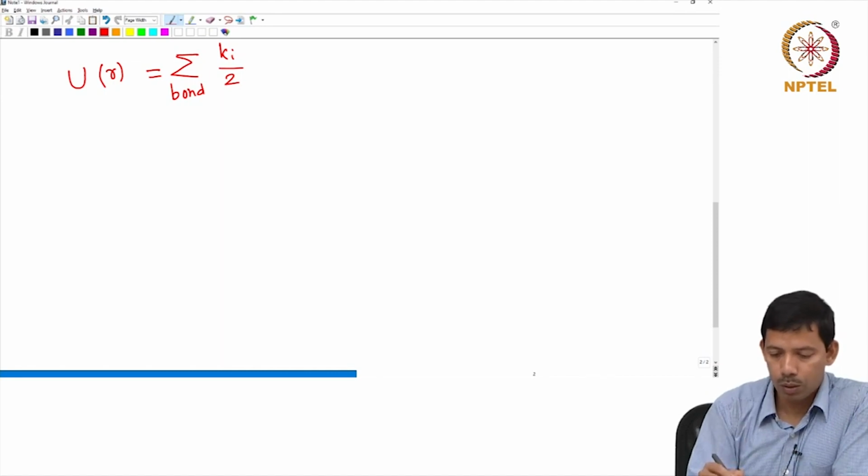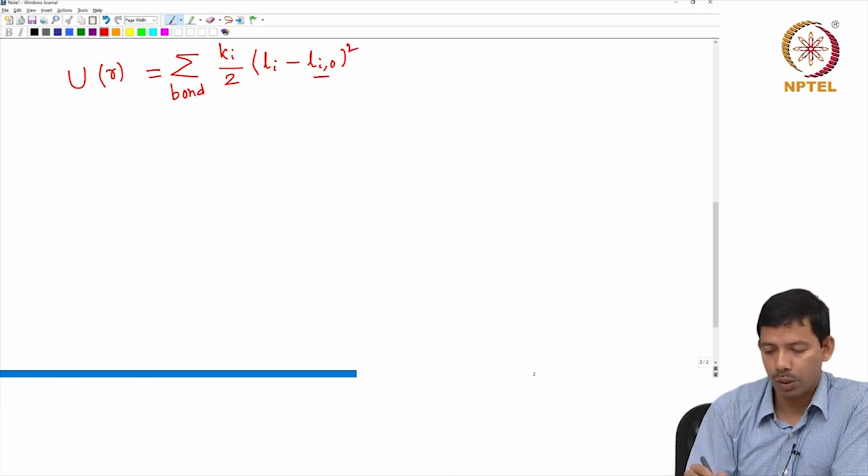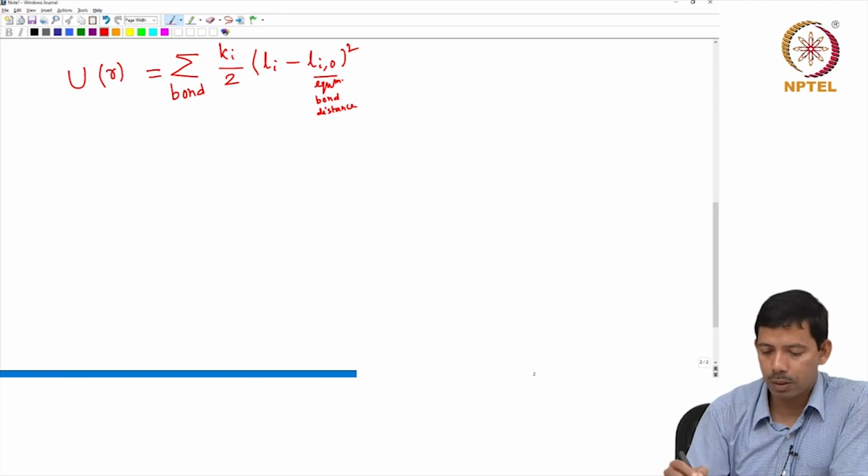So the bond term was Ki by 2 (Li minus Li0) squared, where Li0 is the equilibrium bond distance, or the bond length.